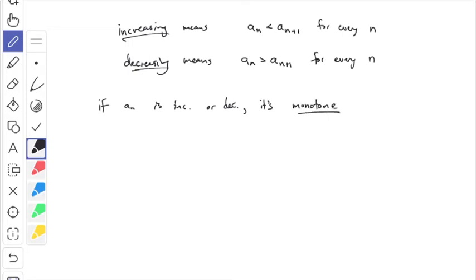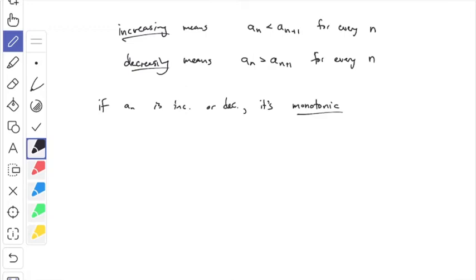I think our book says monotonic, that's what I wrote on my paper. I might sometimes say monotone for a sequence. It means it is either increasing or decreasing. It does the same thing every time. That's why we use the word monotone. It either gets bigger every time or it gets smaller every time. All right?